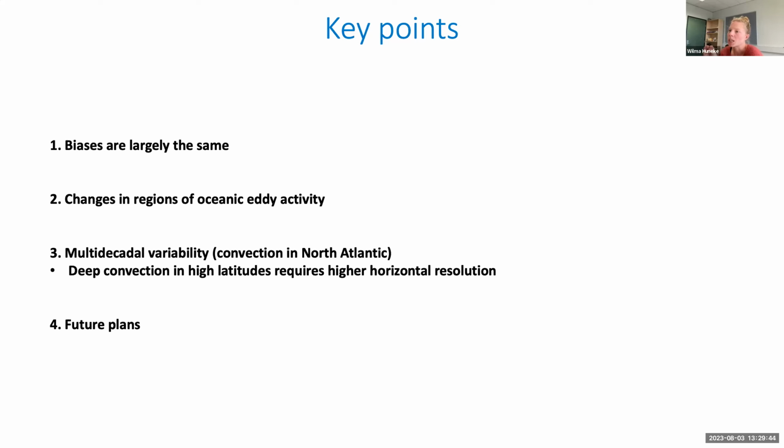But the point here is that when we have a quarter degree ocean, we can resolve the mesoscale in most of the ocean, in the mid latitudes or so, but not really in the high latitudes. So this problem of deep convection in the high latitudes is not solved in a quarter degree ocean. So you need to go to higher resolutions. And then at the end, I'll talk a little bit about some developments.